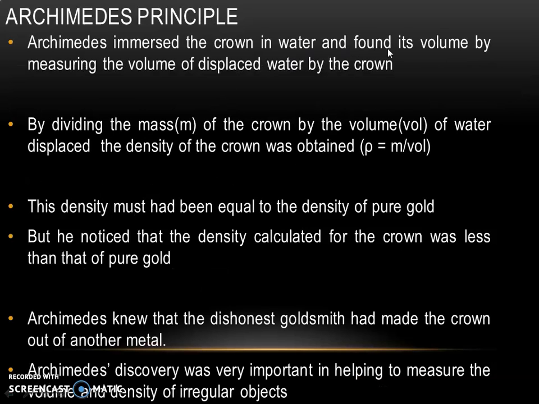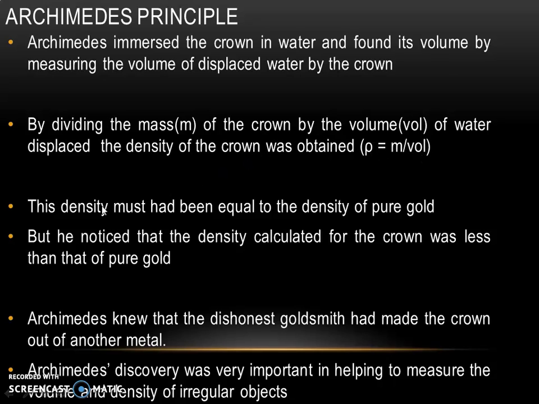After immersing it in water, he found out its volume by measuring the volume of water displaced by the crown. Then by dividing the mass of the crown by the volume, he found out the density of the crown, as density is equal to mass divided by volume.